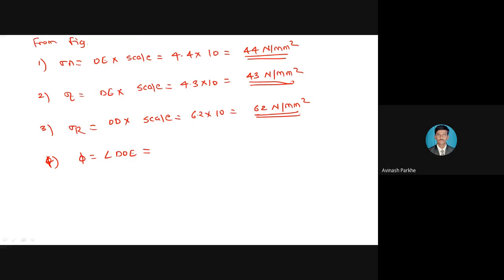Then what is the phi angle? Measure the angle DOE at the point O. You have to keep it and measure the angle. Yes, 44, 45. 44 degree, 45 degree, then 43 degree. 40 degree is very less. Onkar, please check your answers.